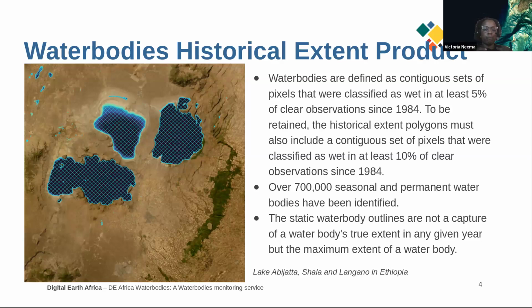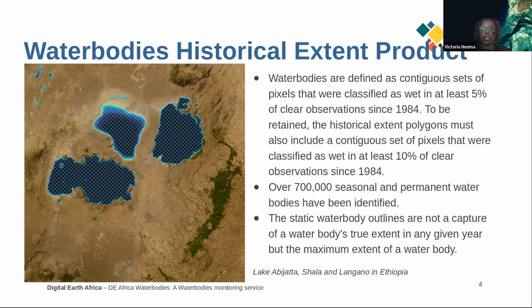And then added a second filter where for these polygons to be retained in the product, they must also include a set of pixels that were classified as wet in at least 10% of clear observations since 1984. We specifically define the water bodies in this way in order to select both permanent and seasonal water bodies while ignoring highly regular flooding events.